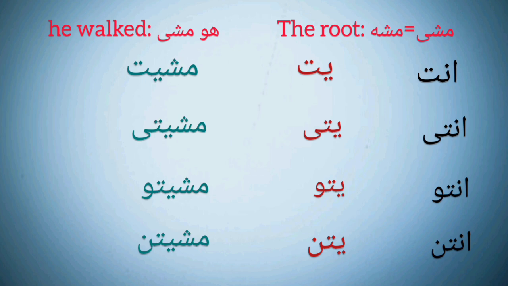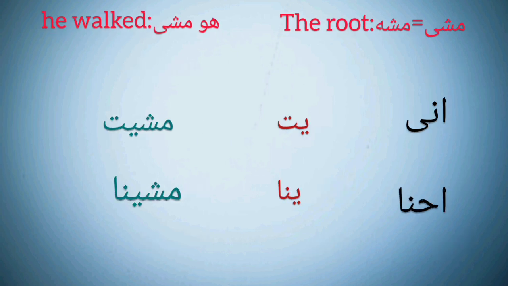And for plural, we say انتو مشيتو. It's plural, we say it for a group of people, and it's for male. But for female plural, we say انتن مشيتن. You walked.